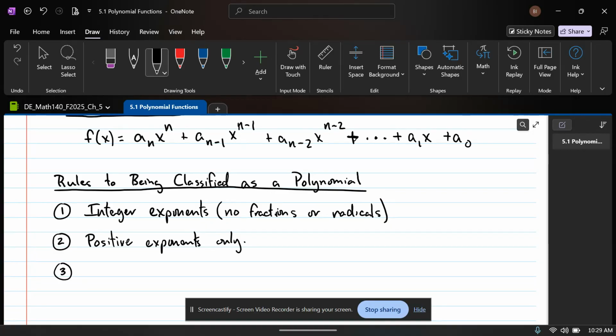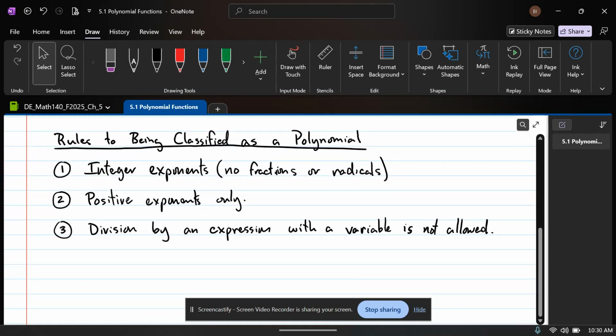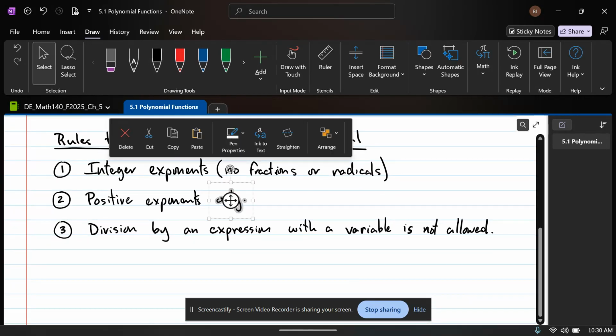The third rule, the last one, is division by an expression with a variable is not allowed. So to be a polynomial, you can't have a variable in the denominator.